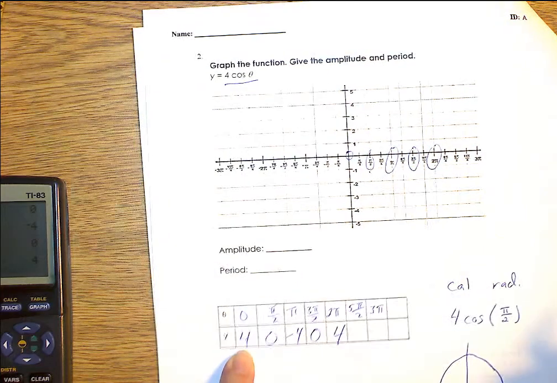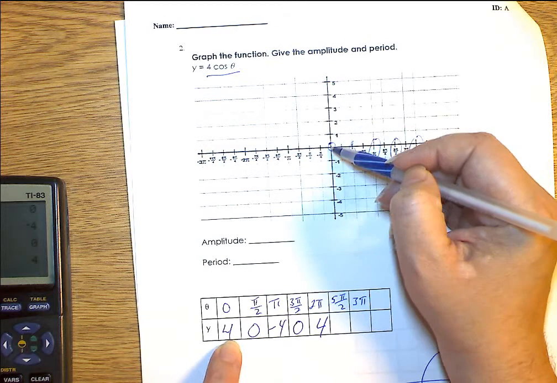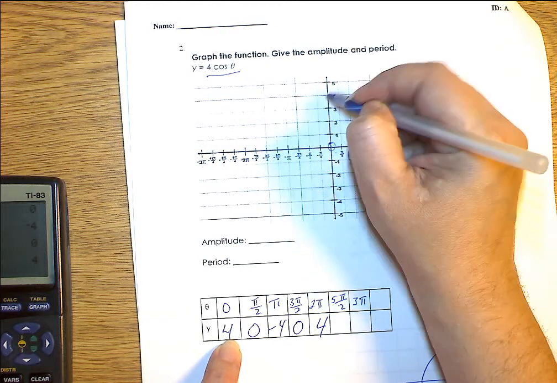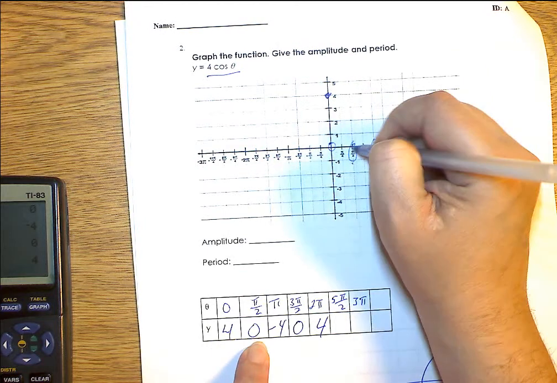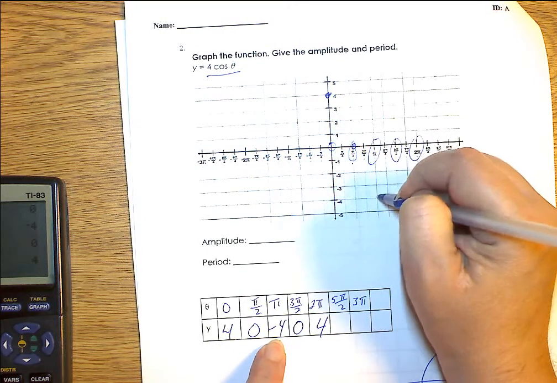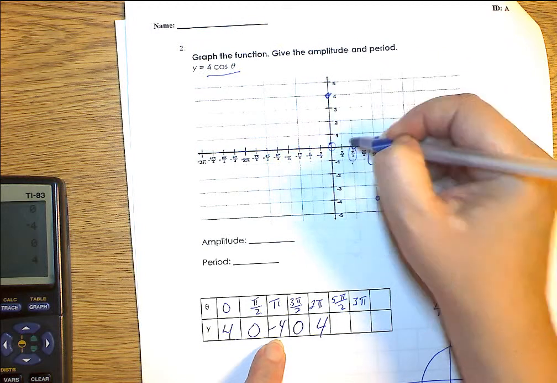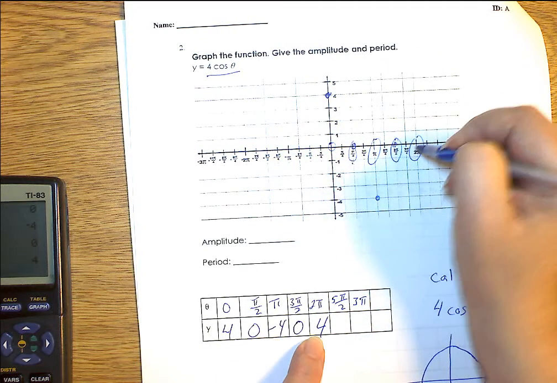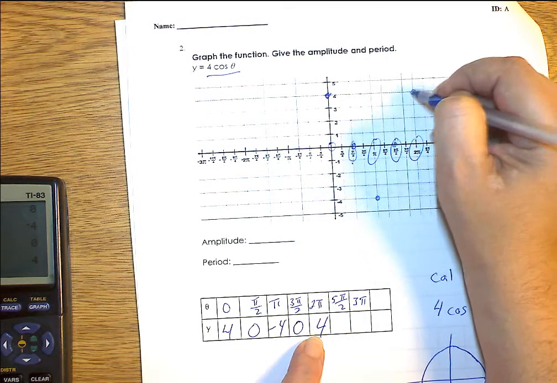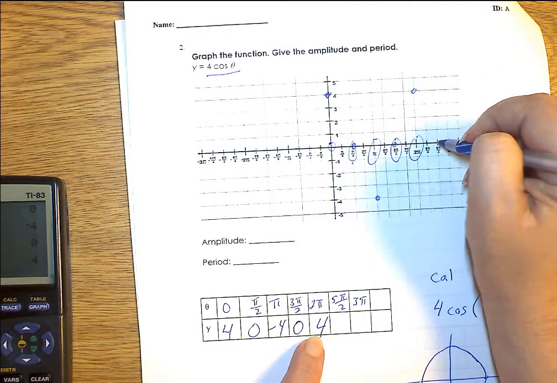So at this point you could probably go and do your pattern. It goes 4, 0, at pi is 0, and then it should be down here. If I did it right, it goes down, down, up, up. So we have up, and this one should be up, and then it's going to go down, down.